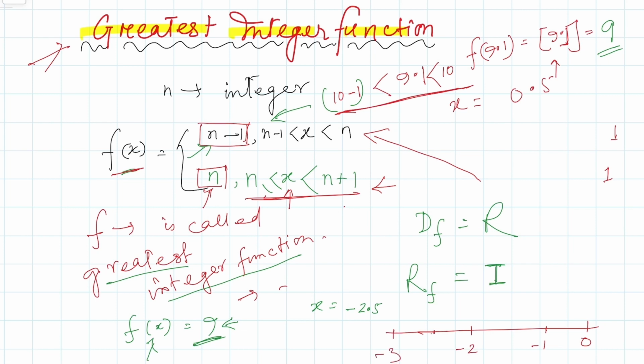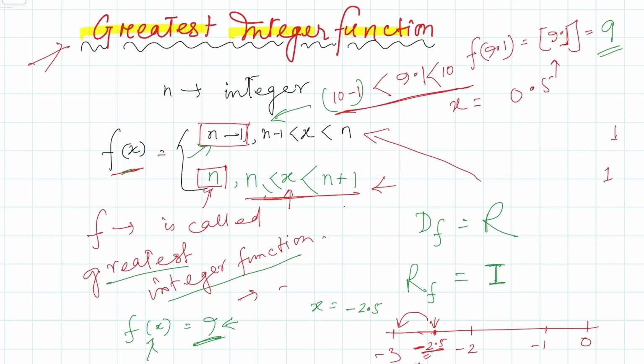So minus 2.5 must lie here. In the greatest integer function, if x is an integer, then the result is x itself. If it is a fraction like this negative 2.5, then you have to take the greatest integer to the left of it.